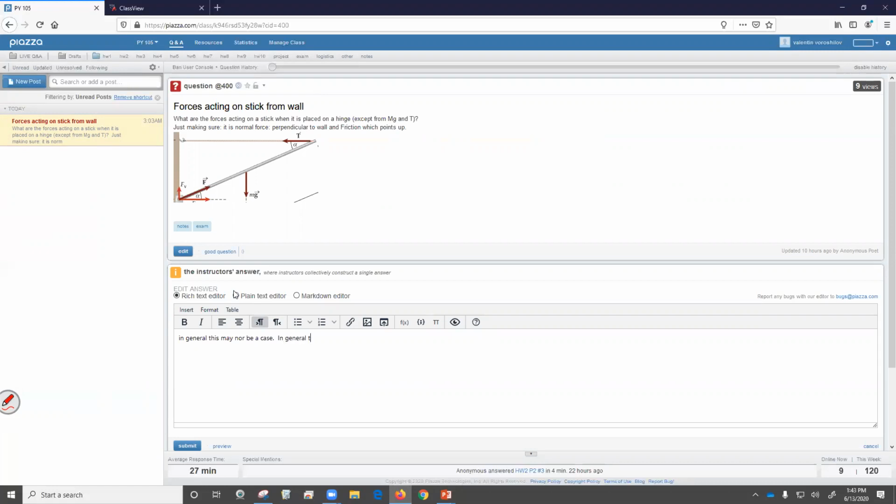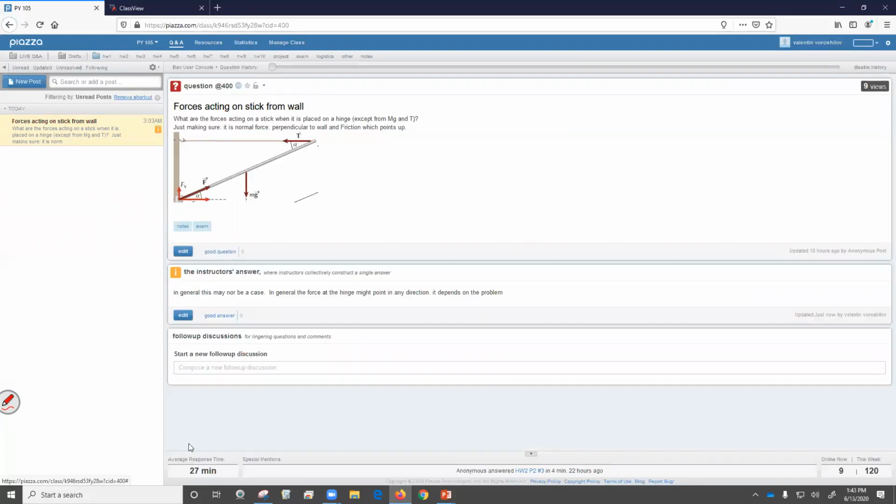In general, the force at the hinge might point in any direction. It depends on the problem. No typos. All right, and we are done.